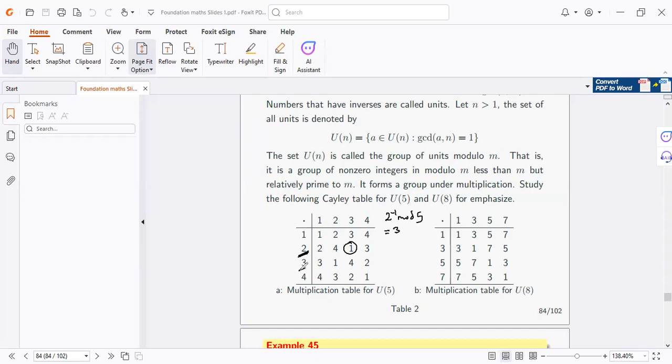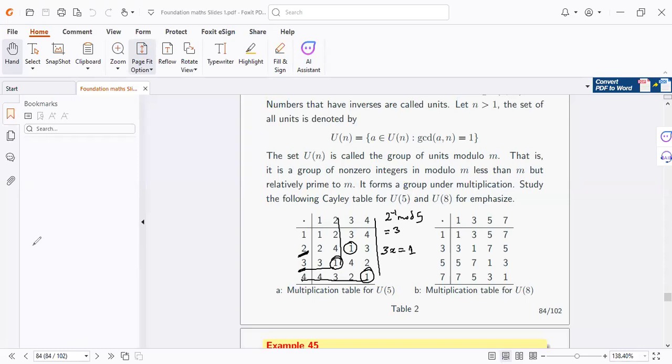What about the inverse of 3? It is that element multiplied by 3 gives you 1. And what element is that? It's 2, because I can see 3 times 2 gave us 1. What is the inverse of 4? The element multiplied by 4 to give us 1 is 4. So the inverse of 4 again is 4.